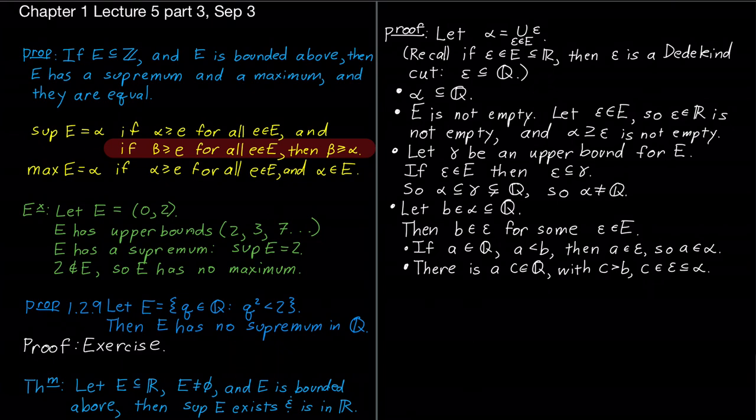So we see alpha satisfies our last two complicated axioms of Dedekind cuts and inherits that from all the epsilons in E. So alpha is a Dedekind cut.